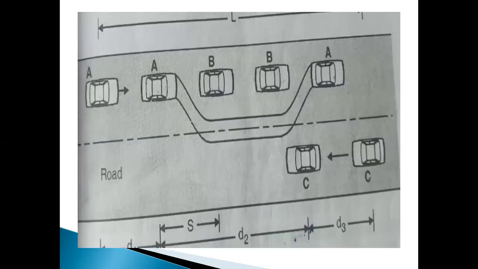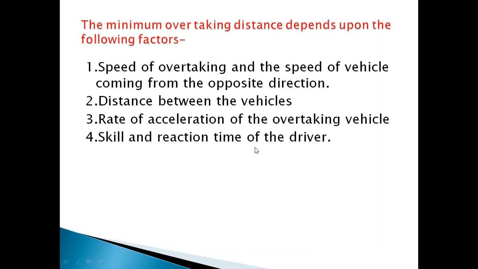Now see in this picture the overtaking sight distance. Then we had discussed the factors on which the minimum overtaking distance depends. There are 4 factors on which the minimum overtaking distance depends.